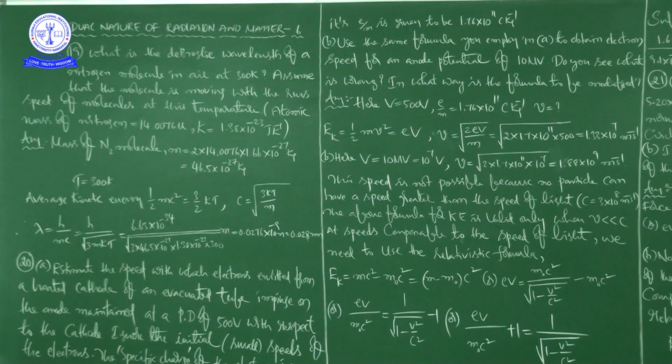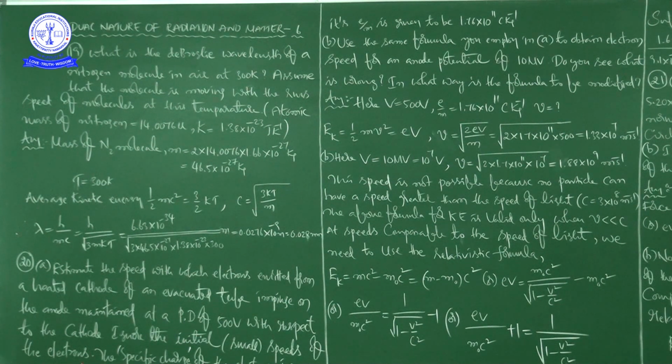Estimate the speed with which electrons emitted from a heated cathode of an evacuated tube impinge on the anode maintained at a potential difference of 500 volts with respect to the cathode. Okay, full stop. Ignore the small initial speeds of the electrons. Okay, he is asking to consider this.